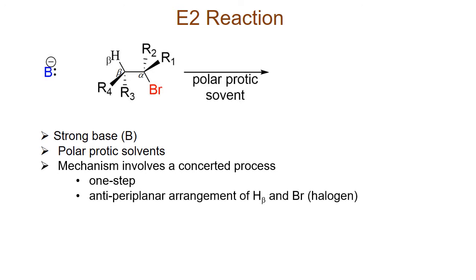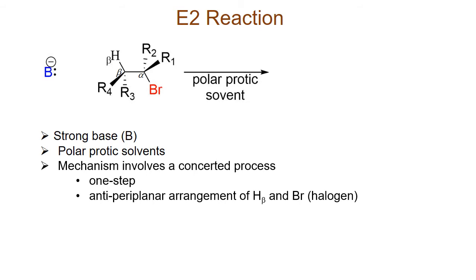The transition state leading to the product in an E2 reaction requires an anti-periplanar arrangement between the beta hydrogen and the leaving group, which is the halogen.